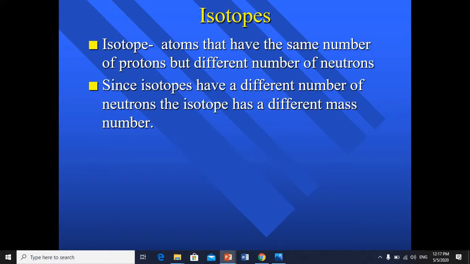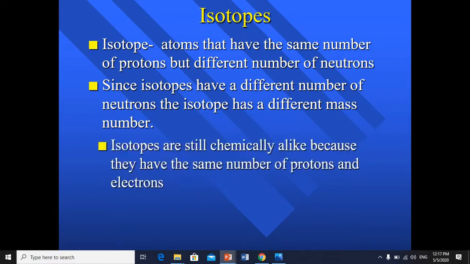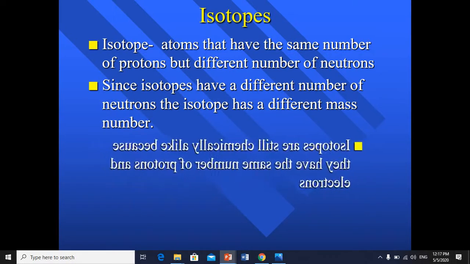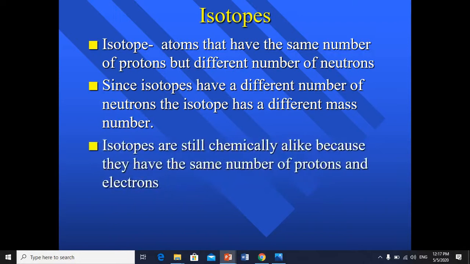So maybe we have the same atom, but it has two different mass numbers. So you must know that these are isotopes because the number of neutrons is different in this case. Isotopes are chemically alike, because they have the same number of protons and electrons. So they have the same chemical properties as each other.